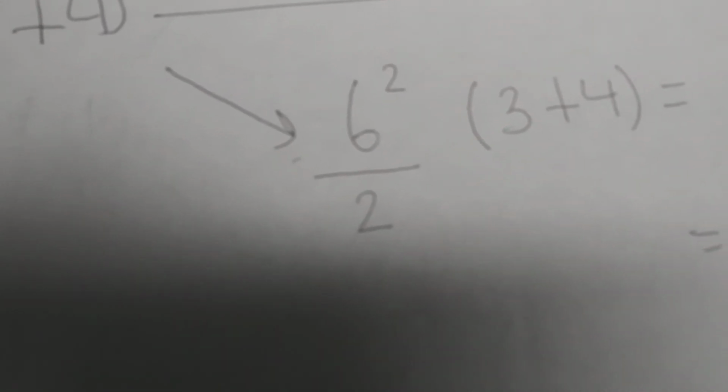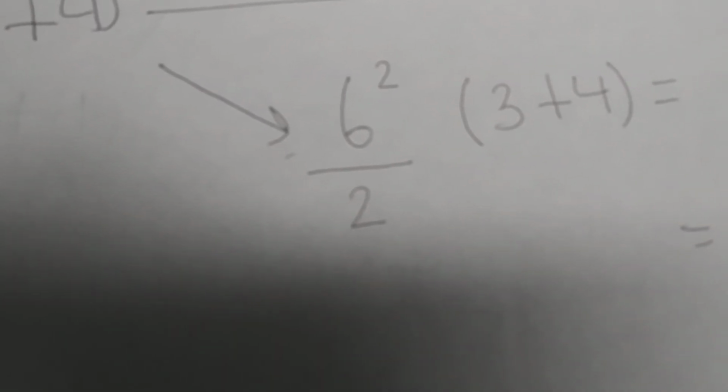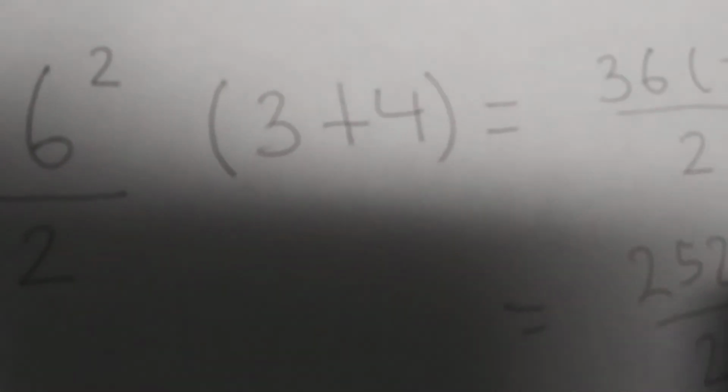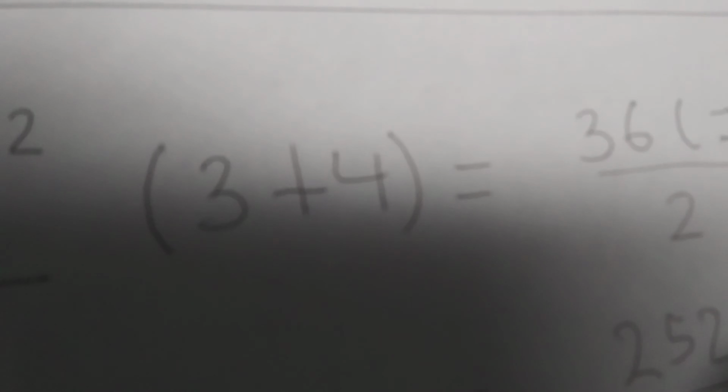Add that up, that's 252. Divided by 2, so we're going to half that. Half of 200 is 100, and half of 52 is 26. So that should be 126.